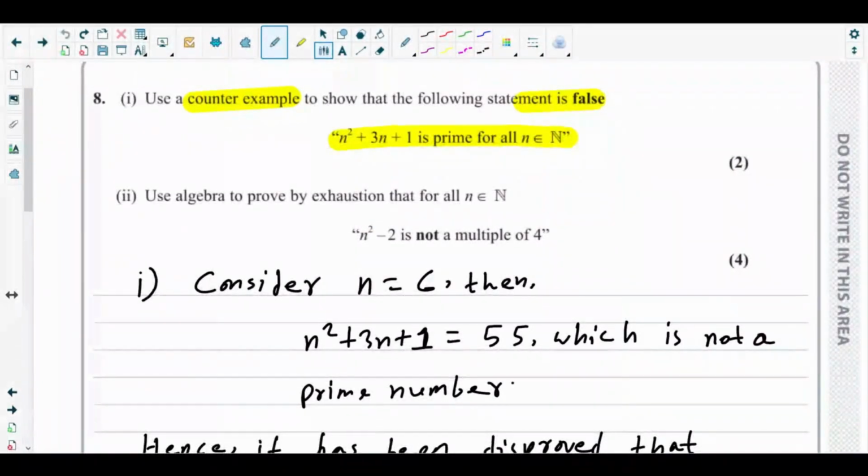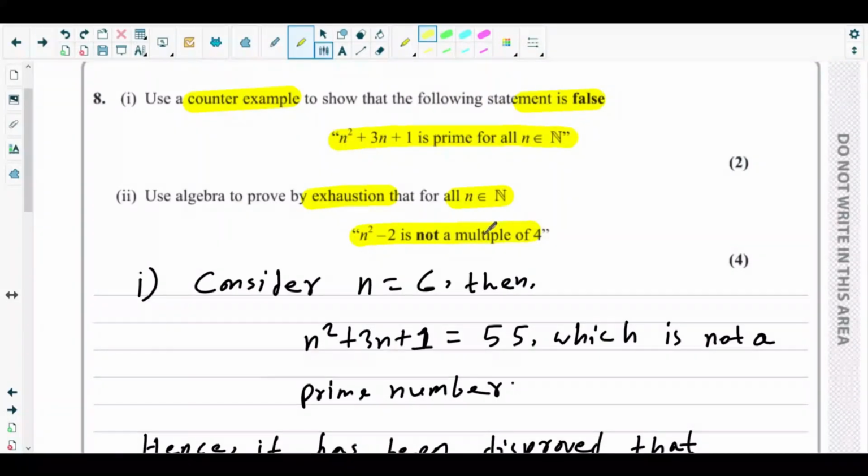Okay, next is part 2. In part 2, they're asking to use algebra to prove by exhaustion that for all n element of natural numbers, n squared minus 2 is not a multiple of 4. We need to use proof by exhaustion. What is proof by exhaustion?